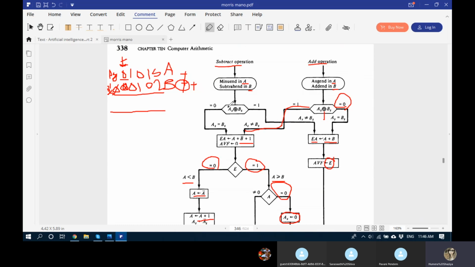When you are doing subtraction operation, when both the sign bits are identical, you perform subtraction. When the signs of the numbers are different, then you actually perform plus operation, not subtraction operation, and then it continues.